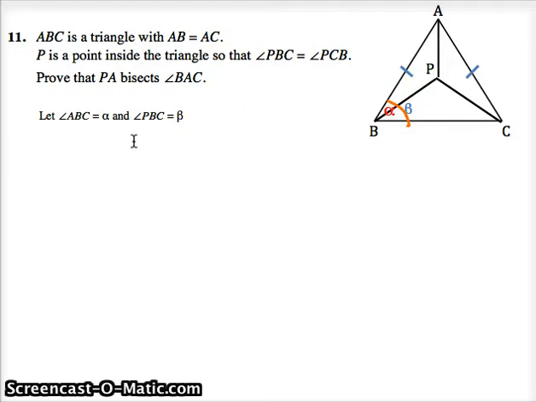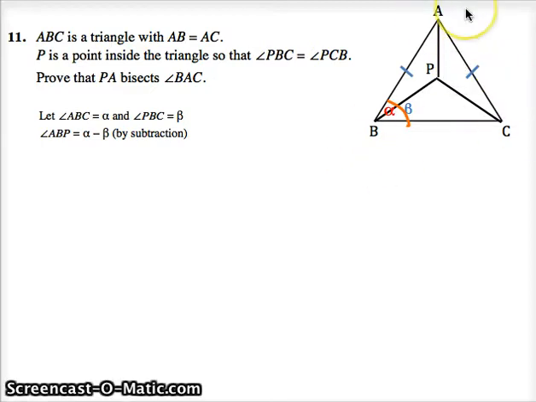We can therefore say that because ABC is alpha and PBC is beta, angle ABP is alpha minus beta, and we're saying this because we can just subtract the smaller angle from the bigger angle. So therefore angle ABP equals alpha minus beta by subtraction.